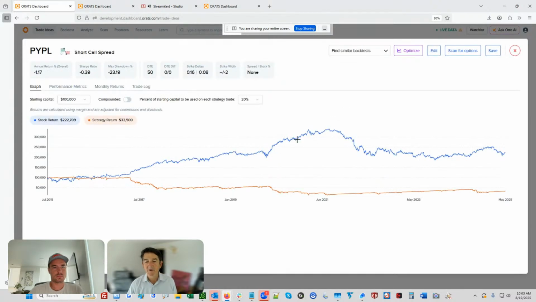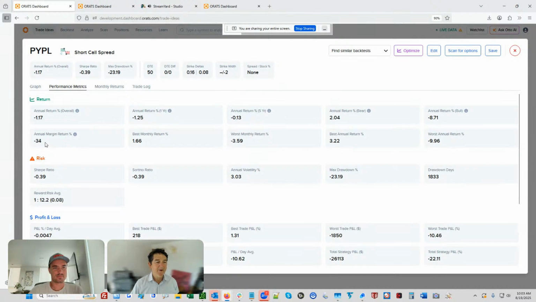So this is PayPal, a short call spread. Believe it or not, even though it's losing money, down 34% on a margin level, this is one of the better performers of the short call spreads.